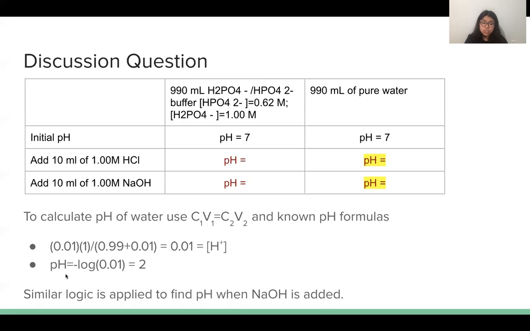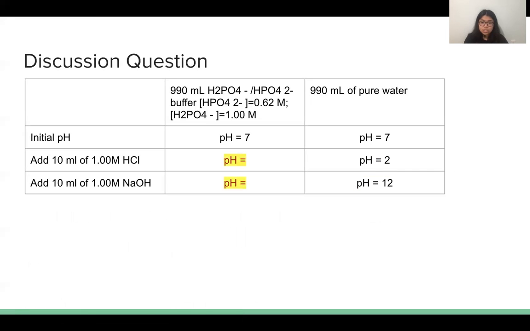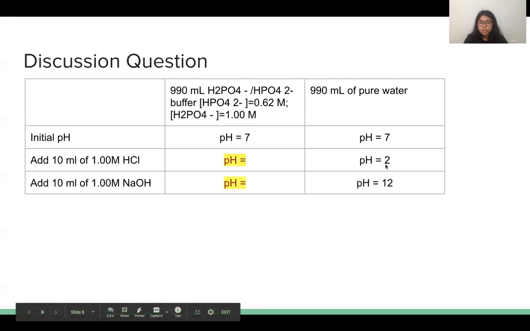A similar logic is going to be applied when we find the pH for NaOH. But remember to be careful, because now you're working with NaOH. You can still find pH, but remember you have to use the right formula and find your pOH first, and then remember that relationship between pOH and pH. When you do those calculations, you end up having a pH of 2 and a pH of 12 respectively.